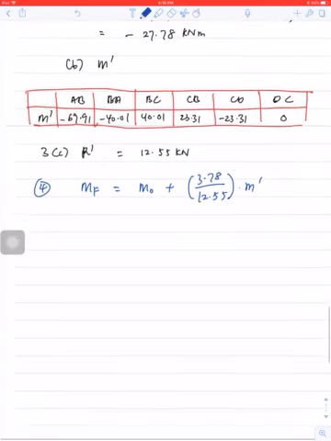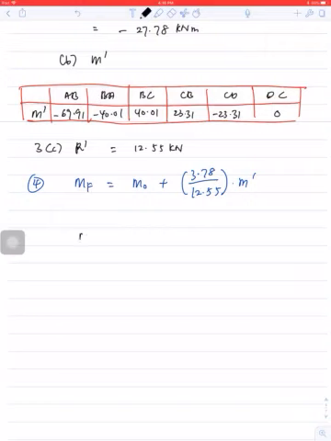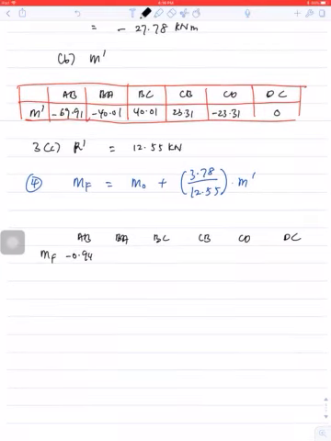So from this we have the final answer: AB, BA, BC, CB, CD, DC. So this is M final. It is negative 0.948, 13.3, negative 13.3, 18.5, negative 18.5, and DC is 0 since it is a pin support.